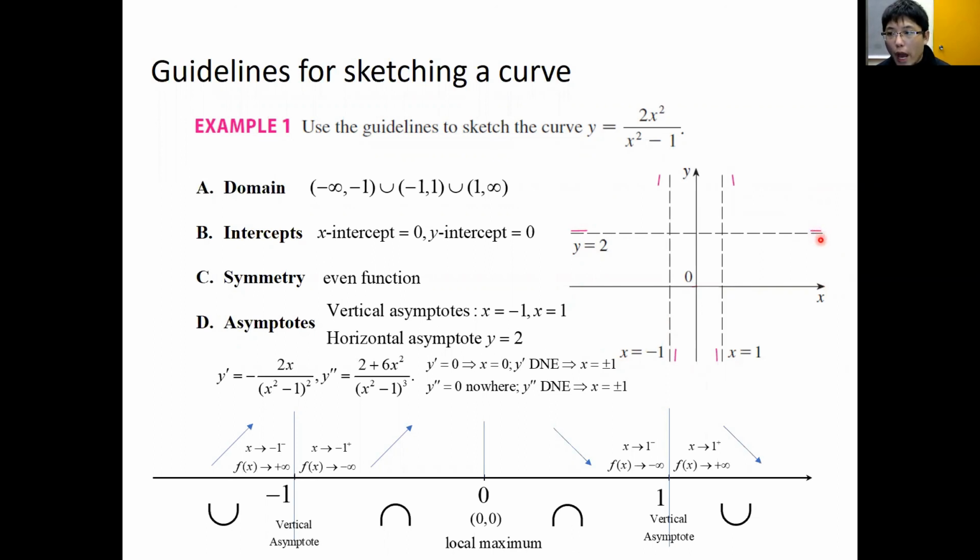The only way that is consistent with our analysis is this way. The function will decrease from positive infinity to 2, in a way that is concave upward. Moreover, the function will be decreasing from 0 to minus infinity, in a way that is concave downward. All right, so the other part is simply obtained by symmetry. That's basically how we finish example 1.